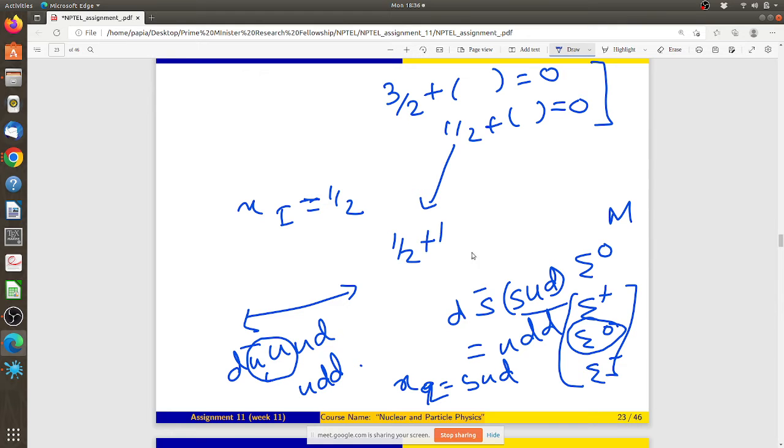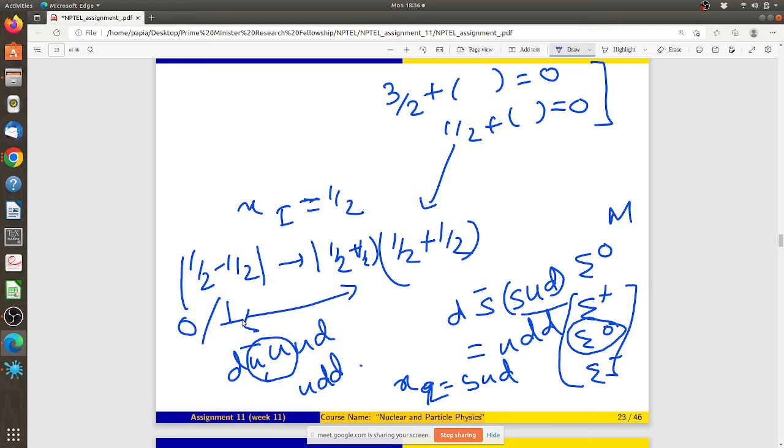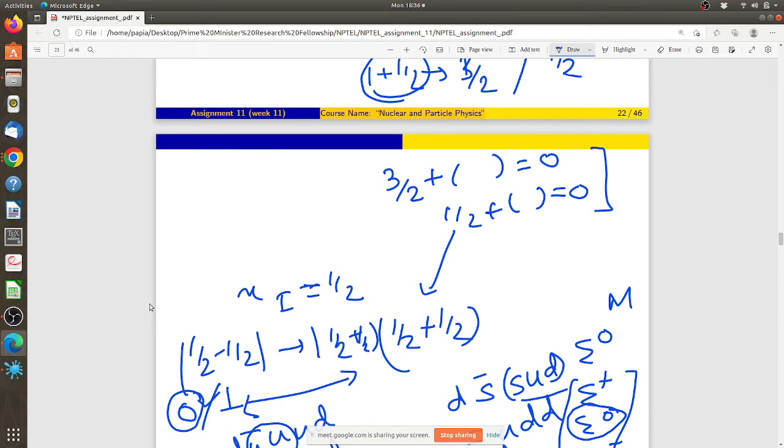Plus half plus half. This is a vector addition, that means half minus half, mod 2 half plus half, which will give us 0 or 1 value. So one result can be a 0, so we can write here xi will be half, which is a correct answer.